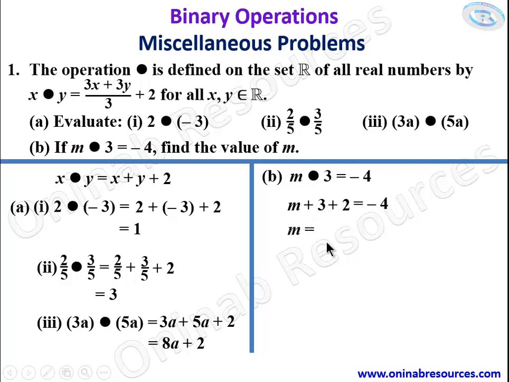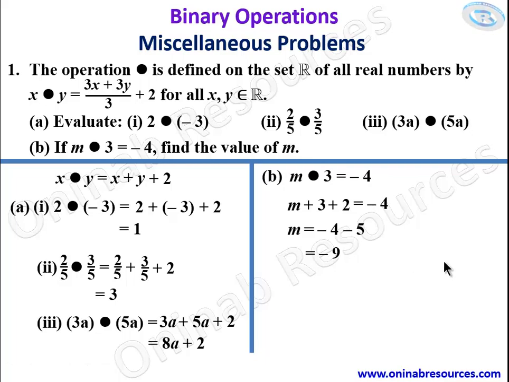So m will be negative 4 minus 5. 3 plus 2 gives 5, so the 5 going to the right hand side becomes negative 5. So m is equal to negative 9. And that is all for the solution of problem 1.